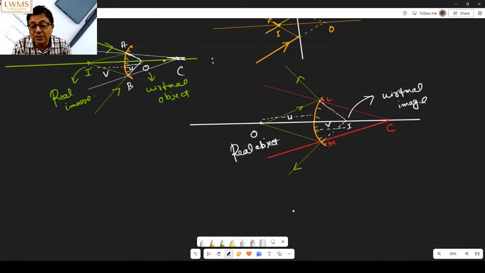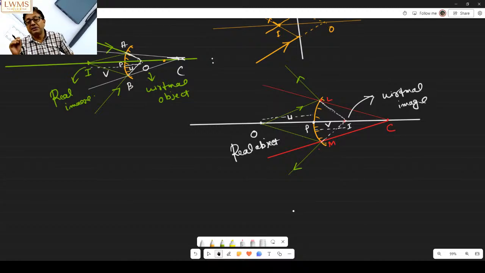I am telling you one convention right now, then we list all these sign conventions one by one. That is, distances are measured from the pole along the principal axis. Okay? Either towards right or towards left, and apart from this we follow the Cartesian sign convention.